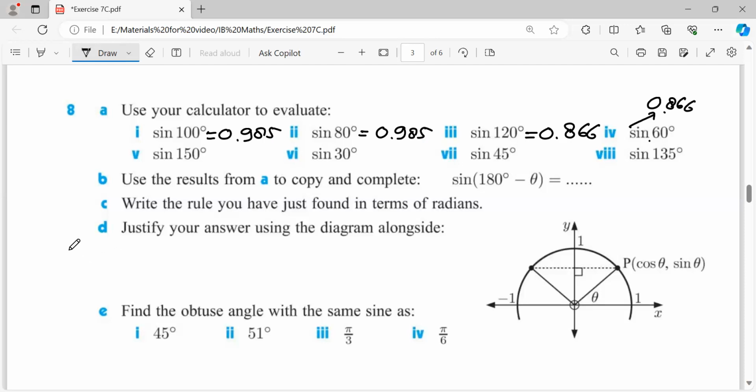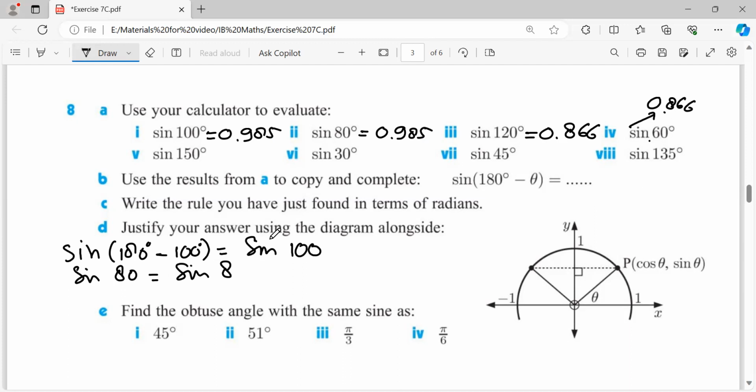Okay, sine 180 minus 100 equals sine 80. So sine 80 equals sine 100.